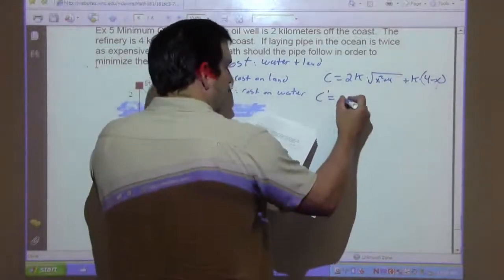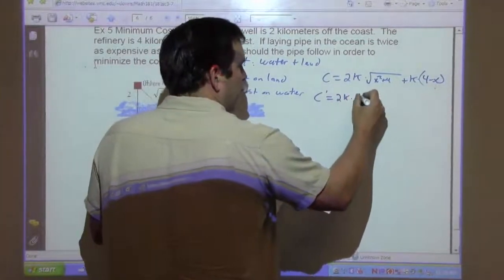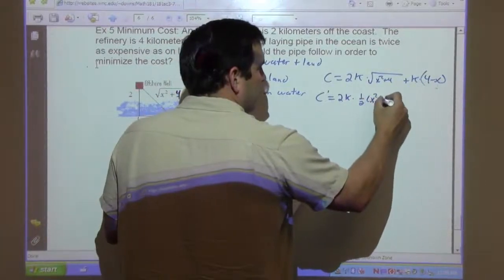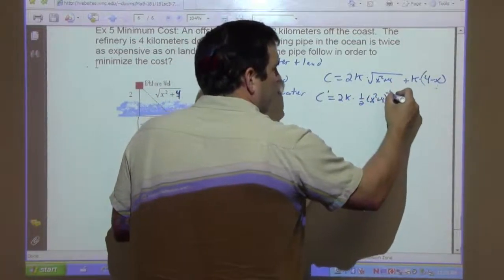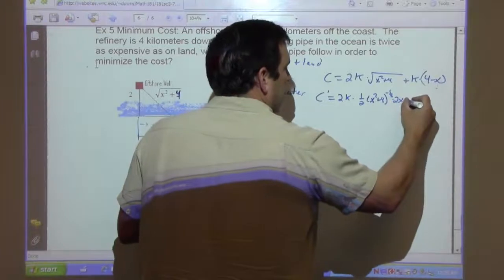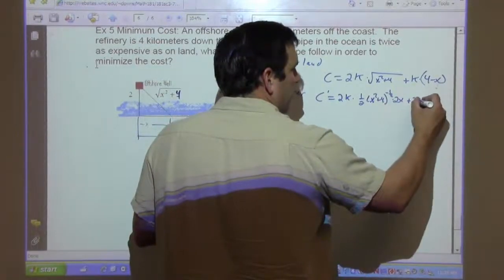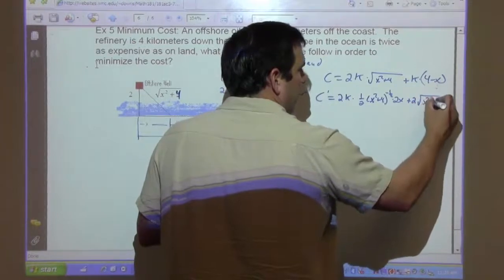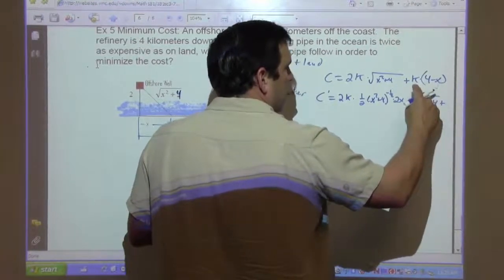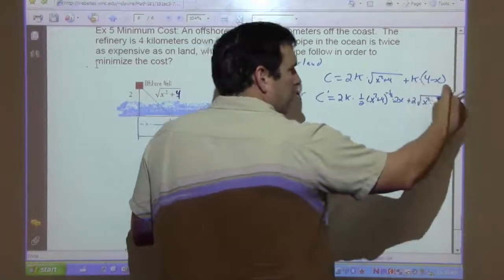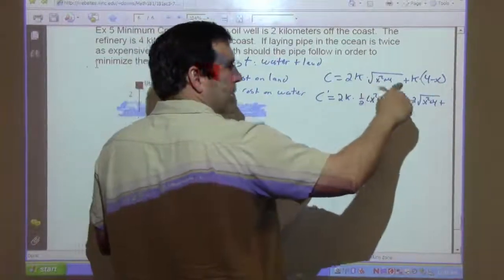So c prime is going to be 2k times 1/2 times x squared plus 4 to the negative 1/2 times 2x plus this derivative, I'm doing the derivative with respect to x. K is a constant.